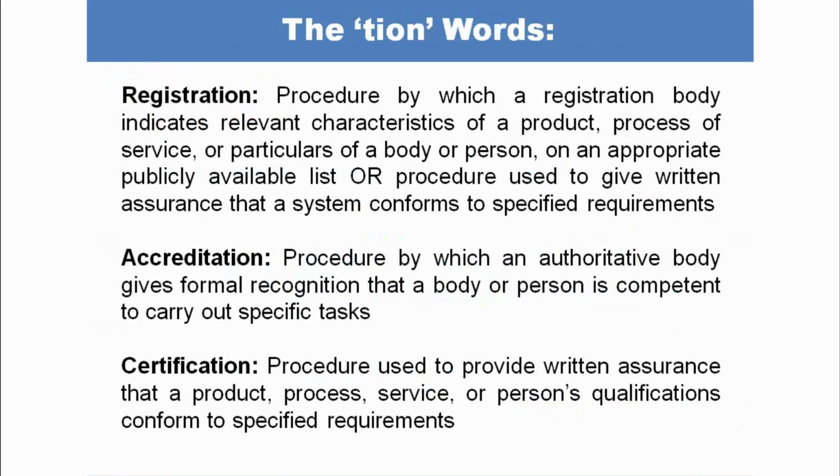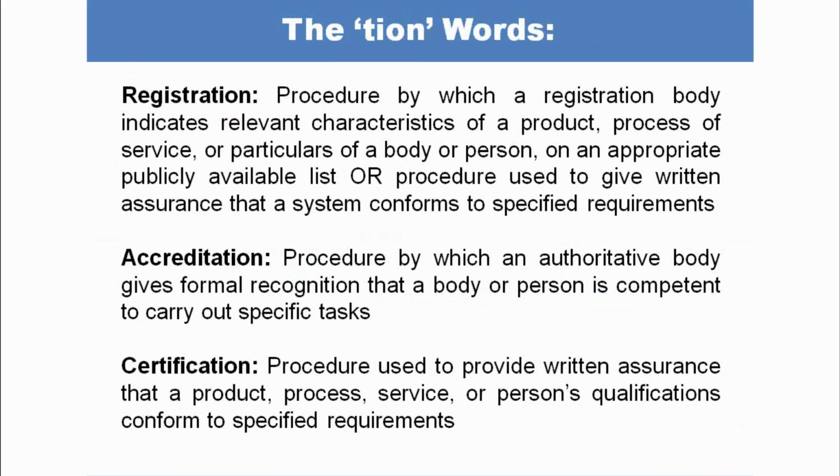Accreditation is a procedure by which an authoritative body gives formal recognition that a body or person is competent to carry out specific tasks. You would normally hear ISO 17025 accreditation. You would not say ISO 17025 registration. You would say ISO 17025 accreditation, and then you would say quality management system registration.